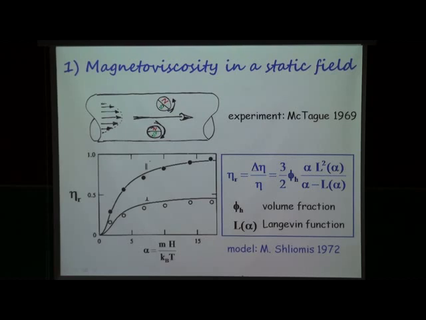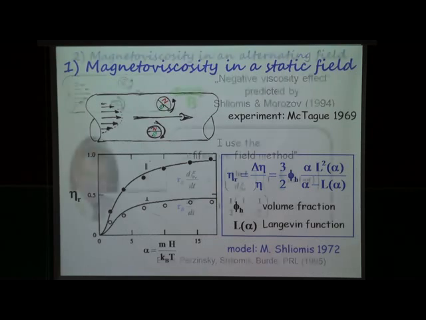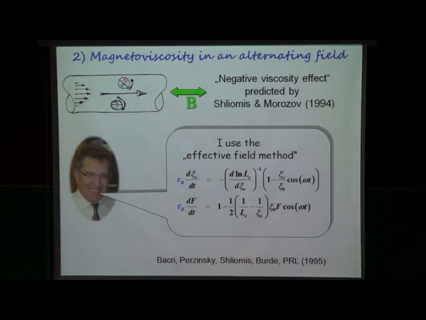Now the question arises, what happens if we apply not a constant magnetic field, but an alternating magnetic field, let's say in the direction of the pipe. There was a conjecture by our friend Mark Shliomis, a famous Soviet scientist nowadays working in Beersheba in Israel.